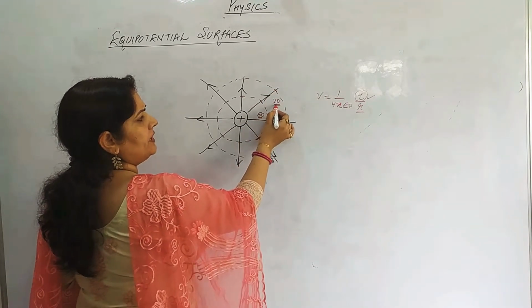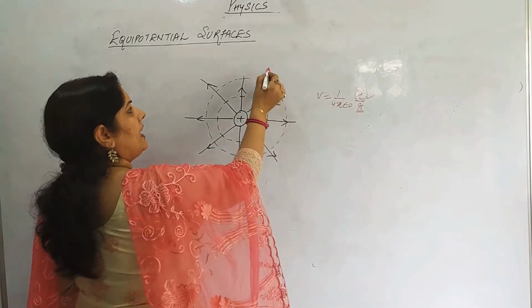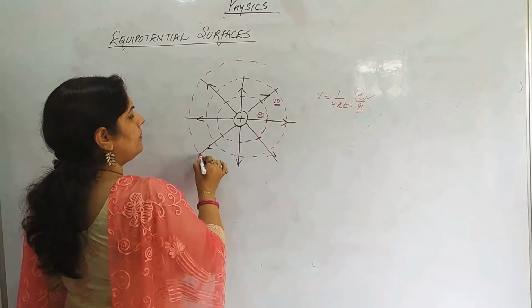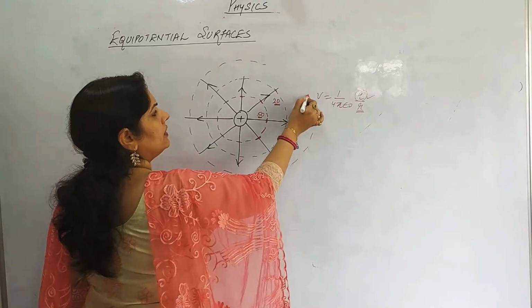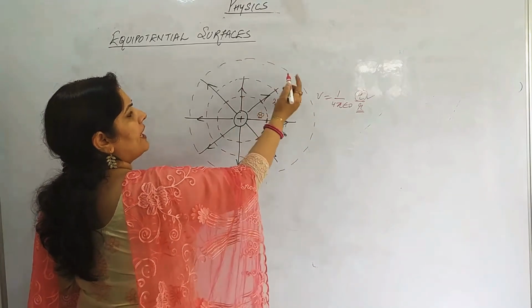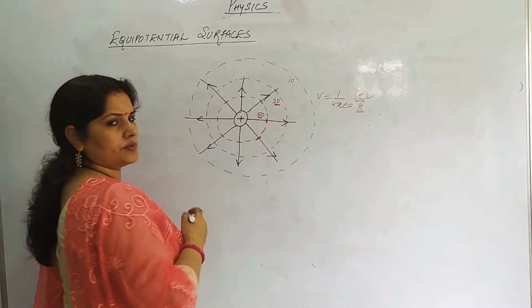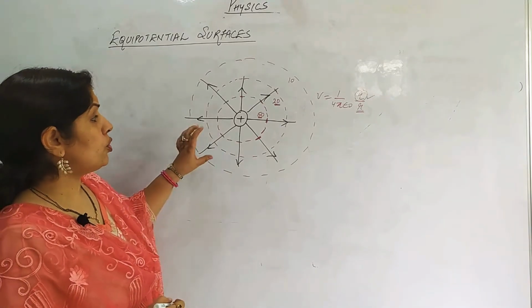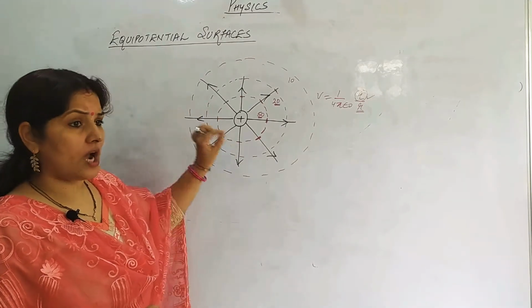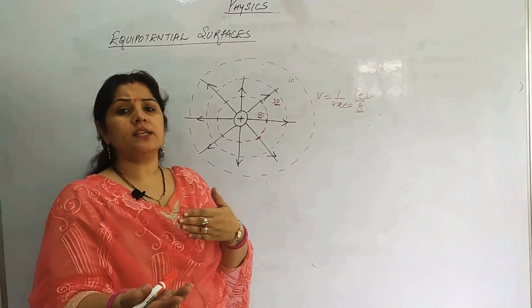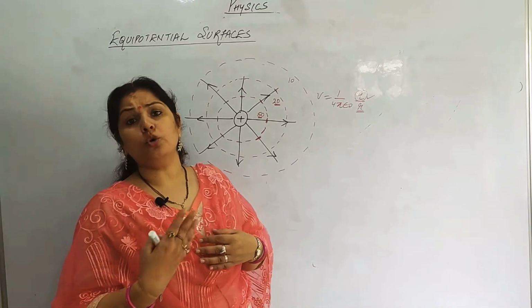Earlier it was 50, now it is 20. Again I draw an equipotential surface for a larger distance and I find that the potential here is 10 volts, right? So for a given charge there could be so many surfaces at which the potential could be the same.